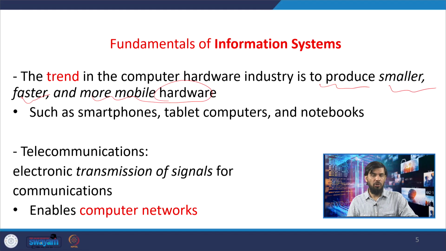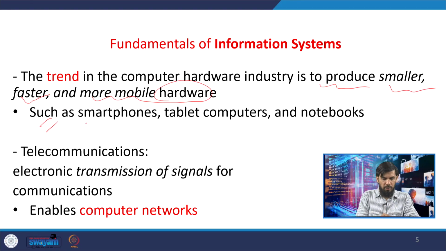So the trend in the computer hardware industry is to produce smaller, faster and more mobile hardware, so that the productivity gains are not just in a particular room in the organization, they could be anywhere within the organization, outside the organization, traveling, at home, right. So anywhere you would be able to use these computer hardware, able to interact with the information systems for your organizations, right. So this trend is supporting this kind of change in work life, right.